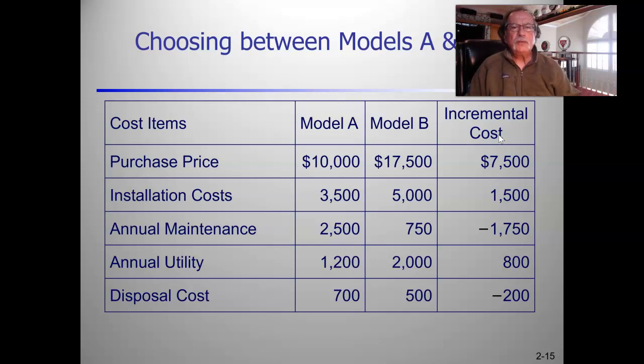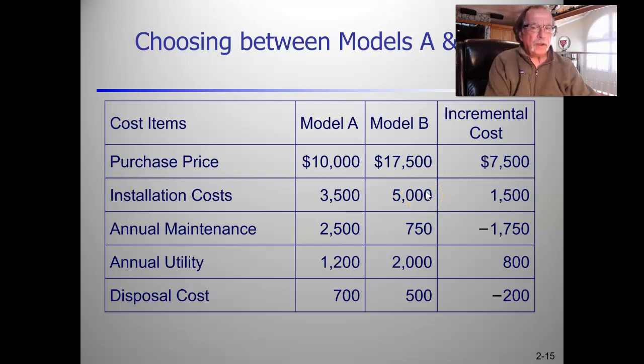So if you're choosing between two, and we're going to get to evaluating various projects and the components of the various projects. But if we look at two projects, one of them has a purchase price of $10,000, one is $17,500, and an installation cost of $3,500 and $5,000.